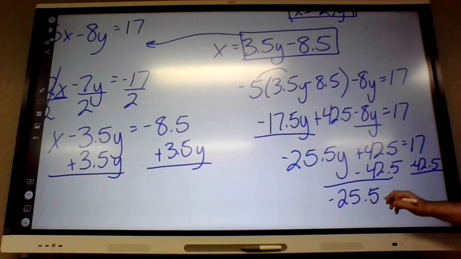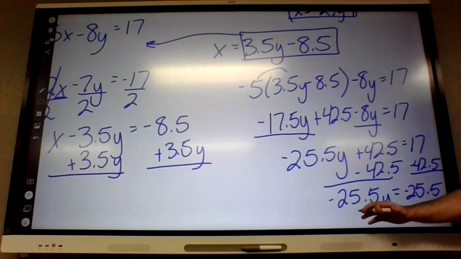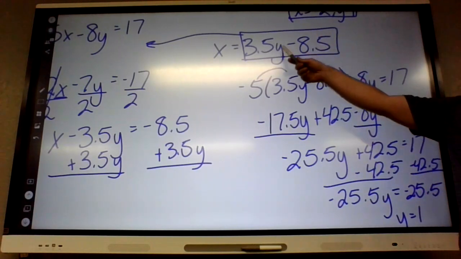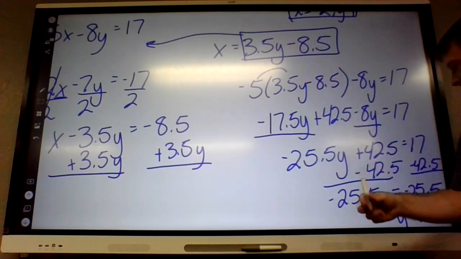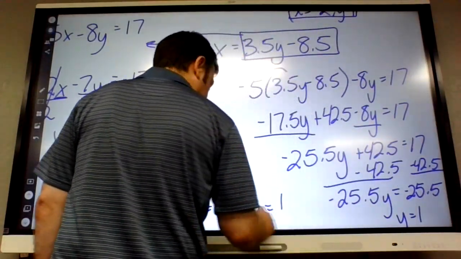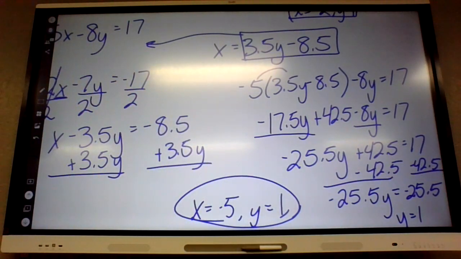Okay, well, I remember what this was from this morning. It just came out as negative 25.5. So y is 1. And if we take that 1 and put it right there, 3.5 times 1 is 3.5 minus 8.5. Right. So x is negative 5, y is 1. We did it.